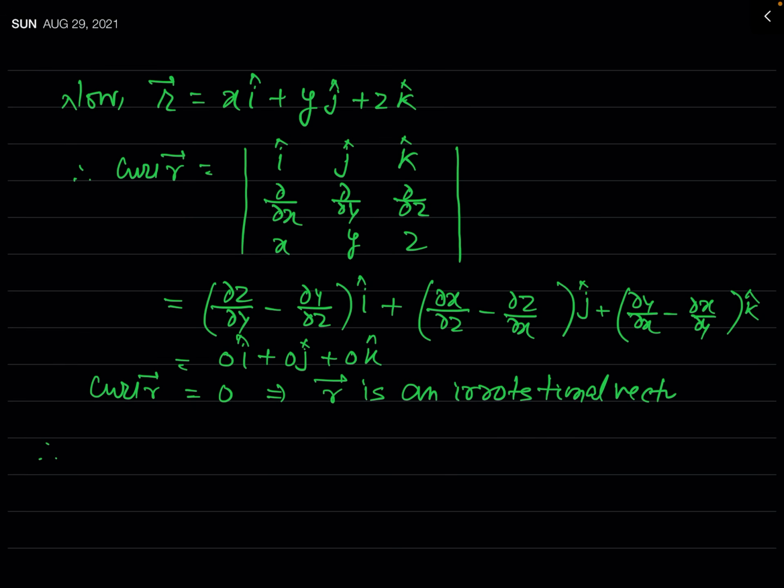Therefore from equation 2 you can say that integral along C r dot dr is equal to 0, and this is the result which we have to prove. So you can see how easily such type of problems can be solved by the use of Stokes theorem.